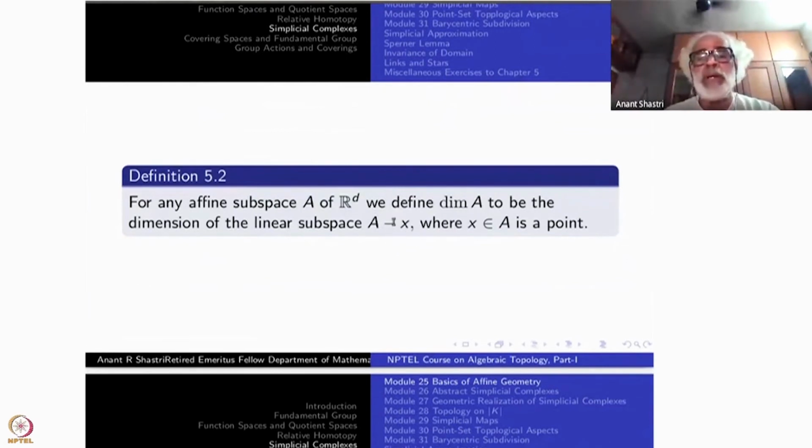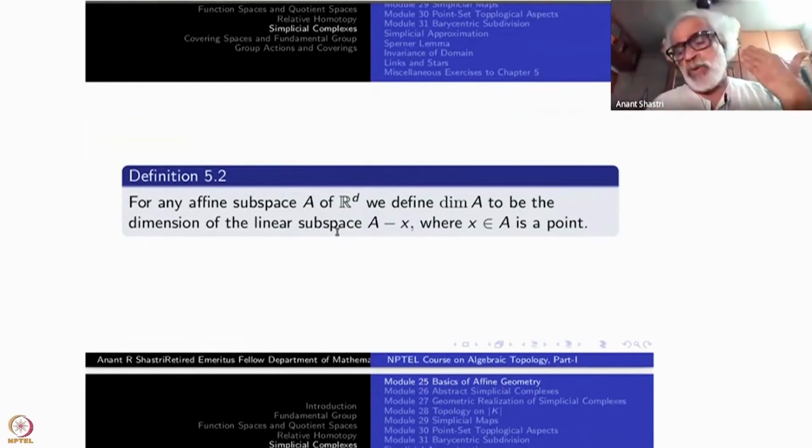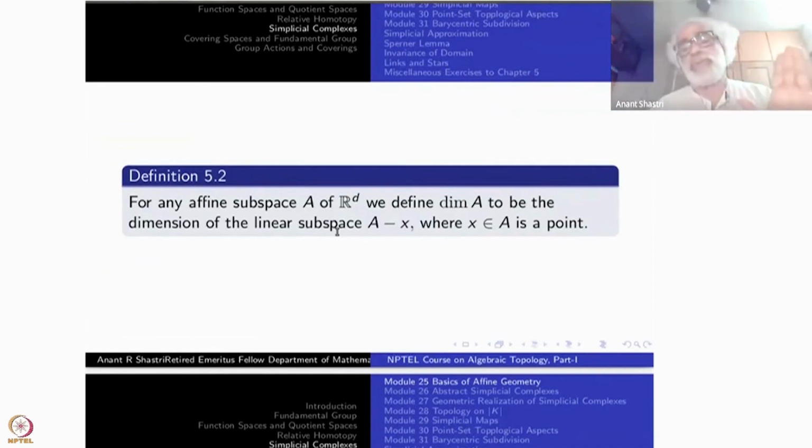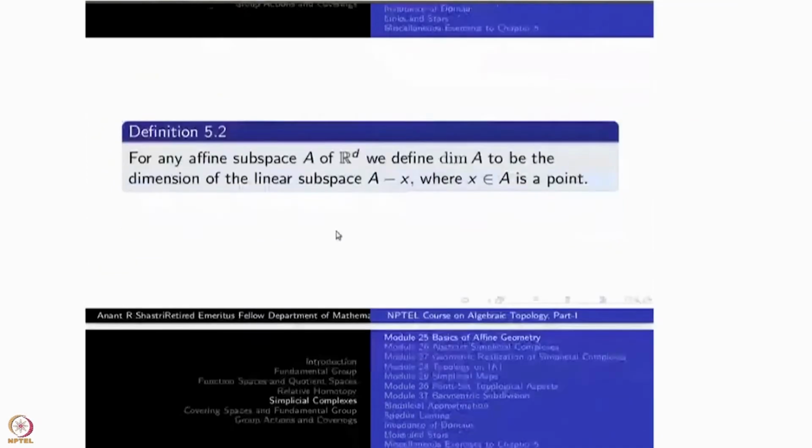In particular, A minus x will have 0 in it. So it will become a vector space. Look at the dimension of that. So this is an easy way of defining by using linear algebra. You can do it without going to linear algebra also, okay, independently of all these.